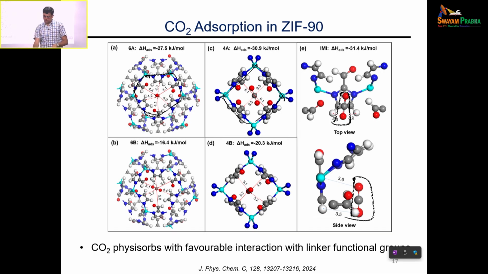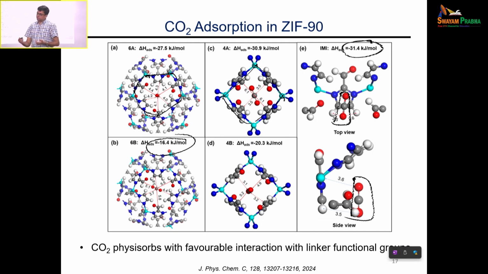If you see, the energy does not change a lot, but there is a change in energy. The highest that we have here is around 31 and the lowest is 16. All of this is physisorption, that is the amount of change that we can anticipate, not more than this. And where exactly do you see the adsorption happening? These are all the linkers. The adsorption is not happening with the metals, but because of the linker.